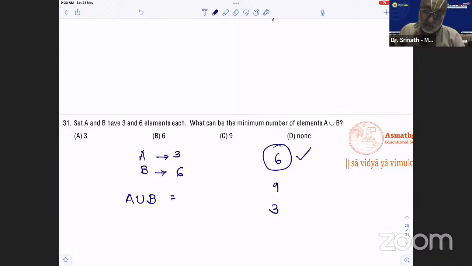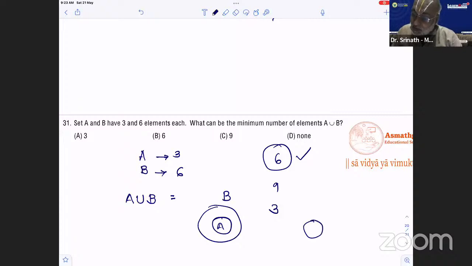See, suppose within this B, we are having A. Then A union B will be B itself. Suppose if A and B are disjoint, then A union B will be having 9 elements in it.